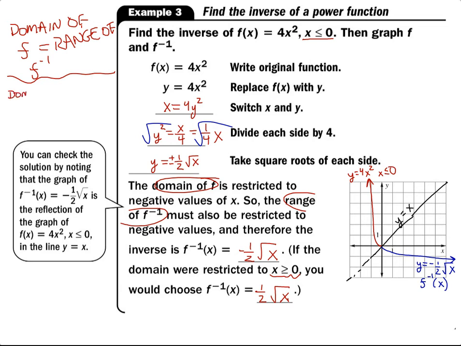The range of f, remember, range is the outputs, the y values, equals the domain of f inverse. And that's also always true. Sometimes when you're looking at a graph and you're trying to decide what's going on, that idea can really help you out. Sometimes it might not, but that can be a really big help.